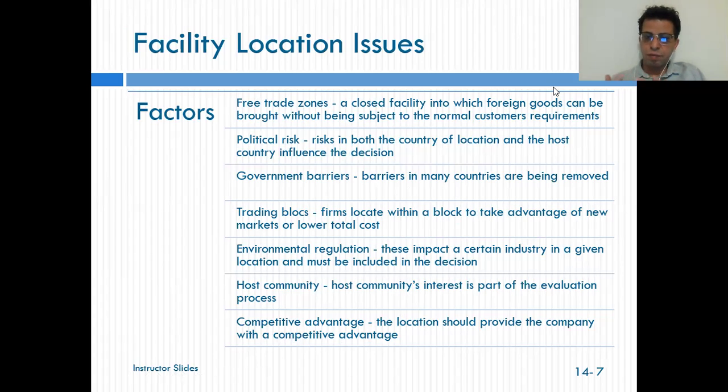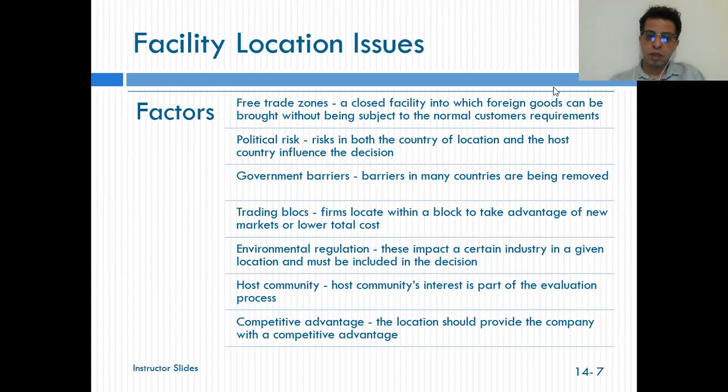If there is a government barrier, in many countries these are being removed, but one of the reasons Honda, Toyota, and GM are opening factories in Canada is because of government barriers. If there is a trading bloc, firms locate within the bloc to take advantage of a new market or a lower total cost.